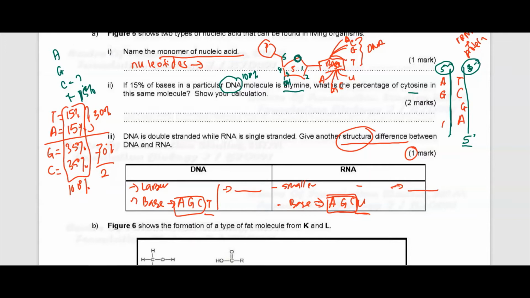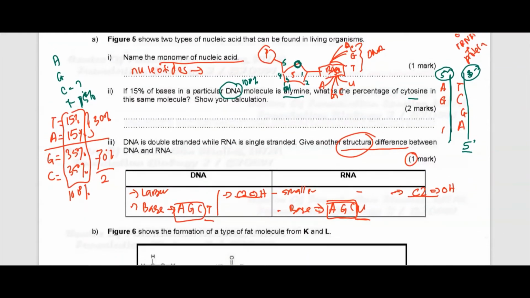Or for the same mark, you could say that for the 5 carbon sugar for DNA, at carbon number 2, there's presence of hydrogen. And as for RNA, at carbon number 2, there's presence of a hydroxyl group.